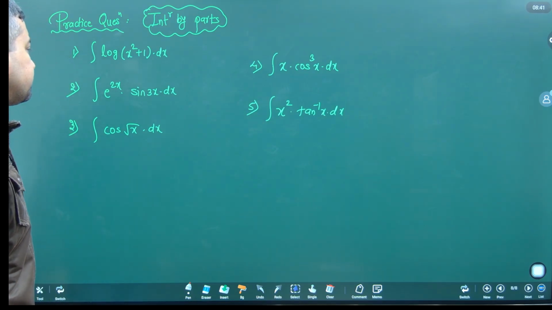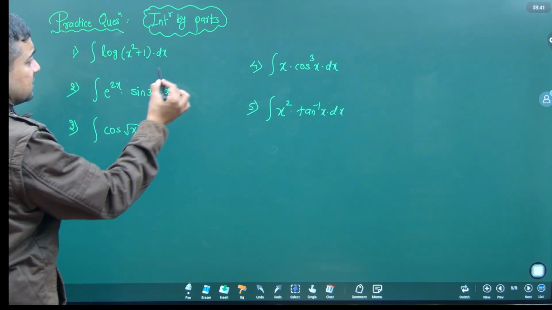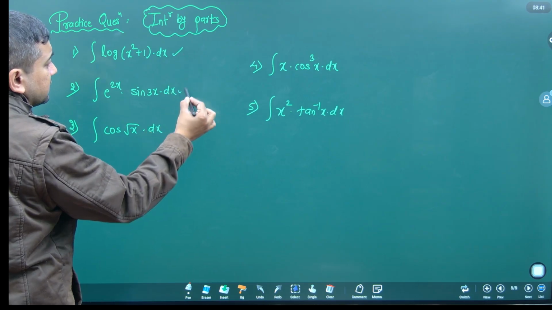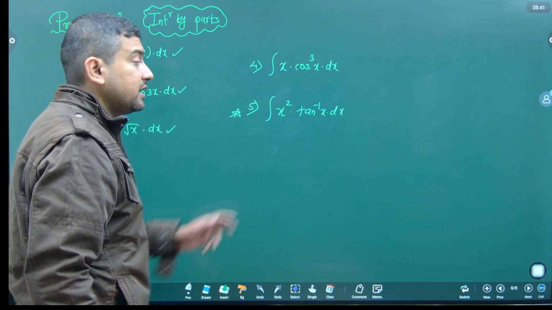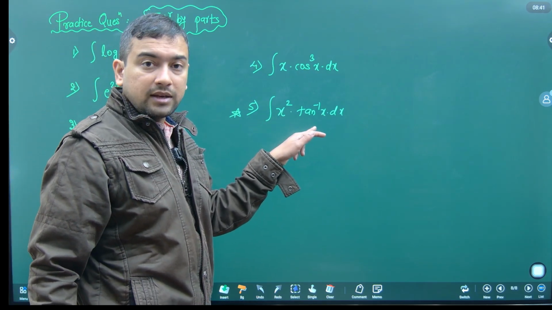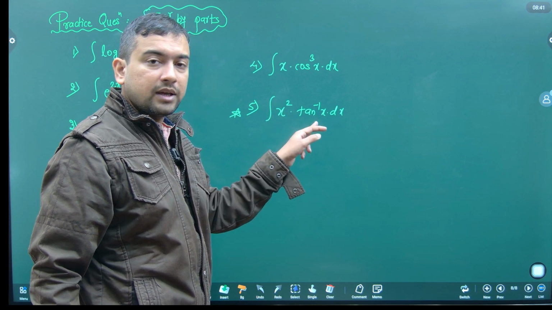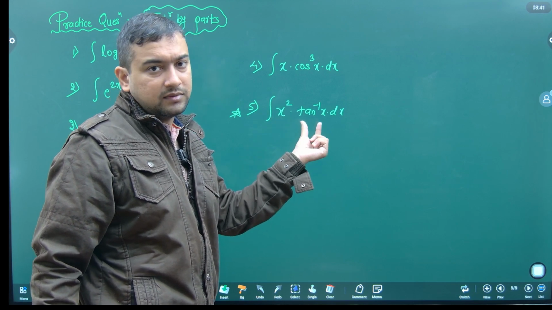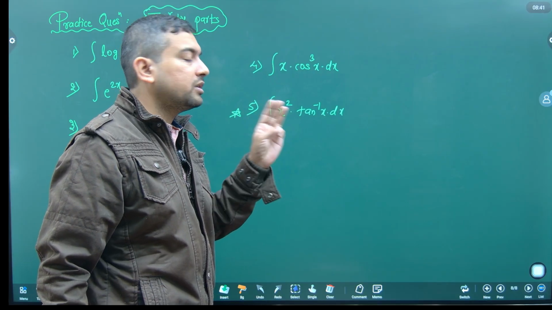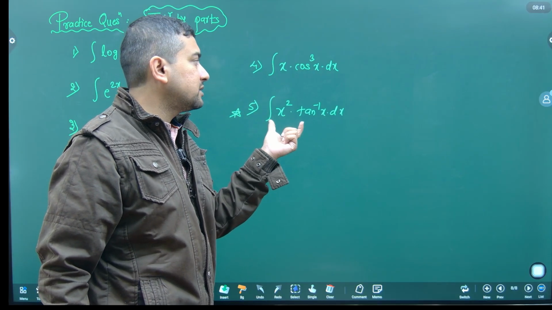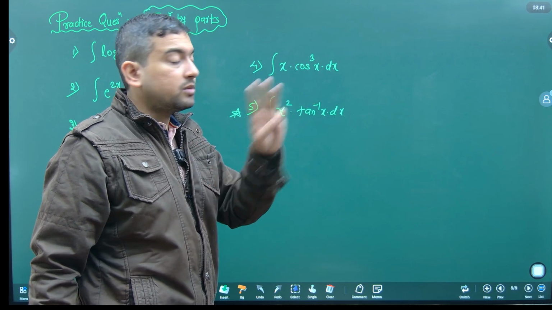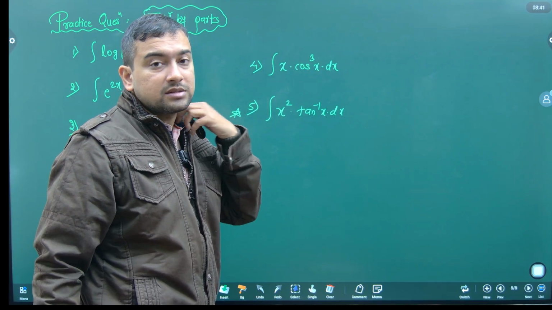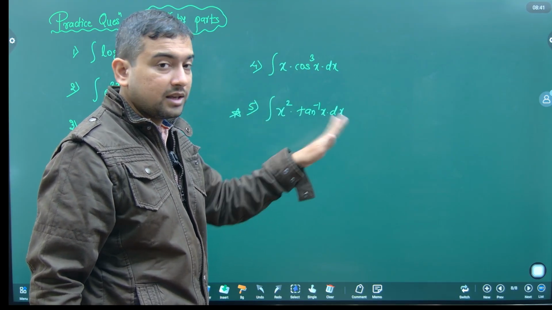This type of example we have already discussed in this lecture. This is one important one. There are three variations: x into tan inverse x, x square into tan inverse x, x cube into tan inverse x. All three examples are important. Most of the time you will get this type of example. Here we need to use the cos 3x formula. You can replace this cos cube x with the cos 3x formula and then carry out the integration.